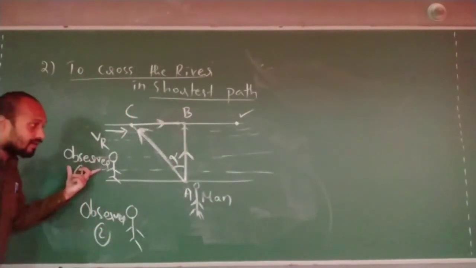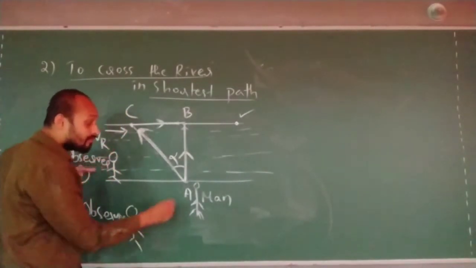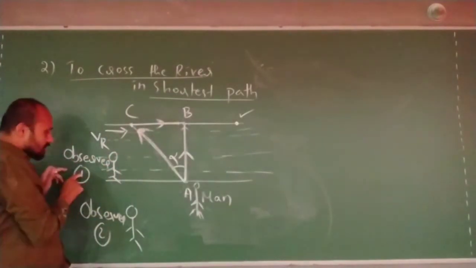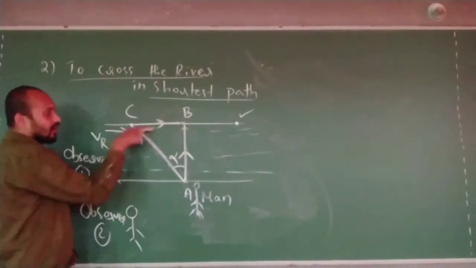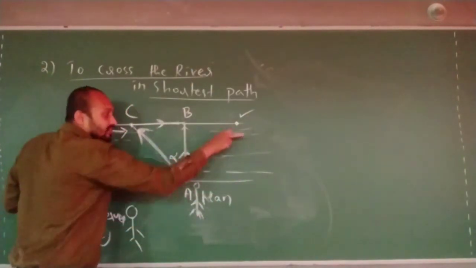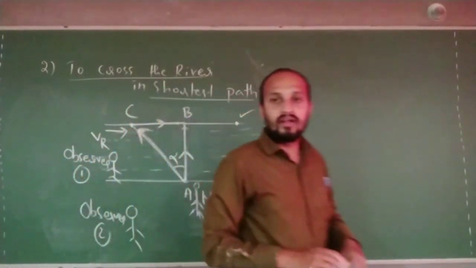For the person inside the river, the displacement will be from point A to C. Why? This observer is also moving with velocity Vr. For the man also there is velocity Vr. So he will be moving along with the velocity Vr.